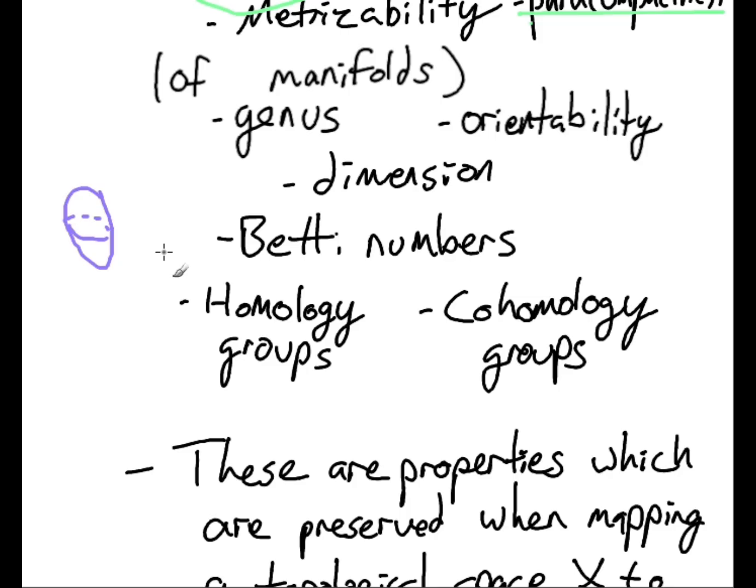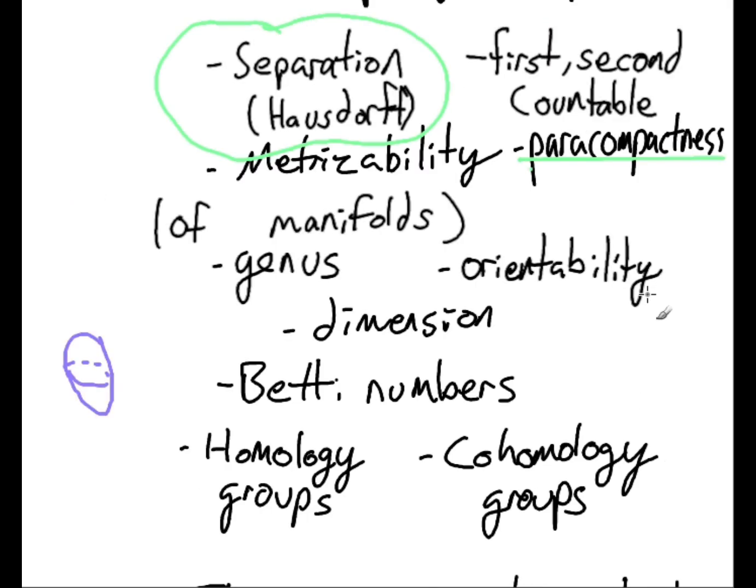It's not in the topological space, it's just a trap, right? That's reflected by Betti numbers. Homology groups also related to Betti numbers and genus. It depends on your homology. There are a lot of different ways to construct these kinds of groups, but those are topological properties. Cohomology, homology but backwards, those are topological properties.